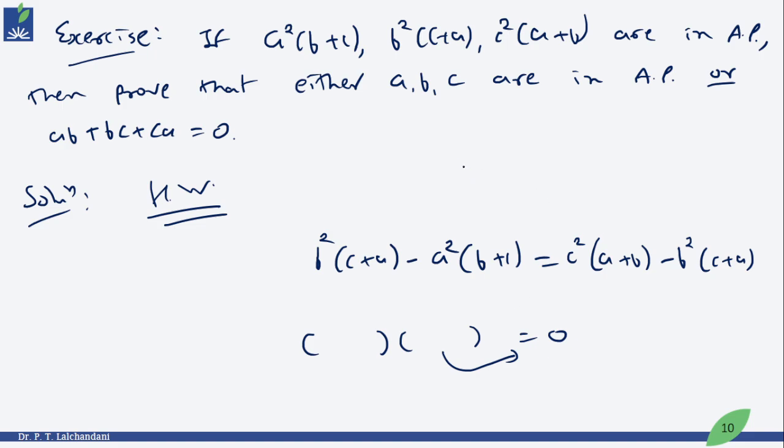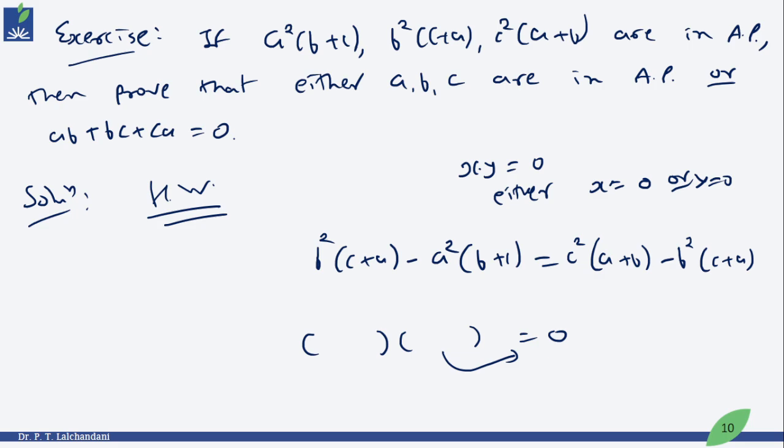And you know the fact that if x into y equal to 0, then either x equal to 0 or y equal to 0. At least one of them must be 0. Only then will the product be 0, right? For numbers, it is not possible that the product of two nonzero numbers is 0.